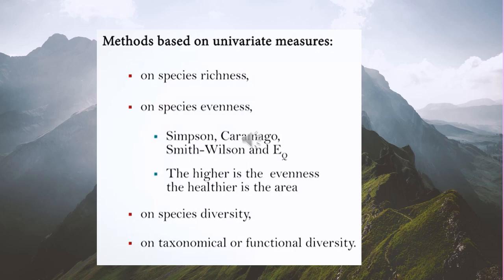And we use diversity indexes that include both information from richness and evenness. This can be confounding. Also, the indexes based on taxonomical or functional diversity can be used. They are very useful to understand the univariate measure of the impacts on biodiversity.